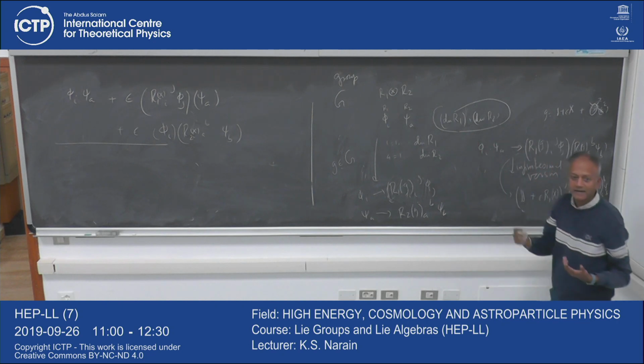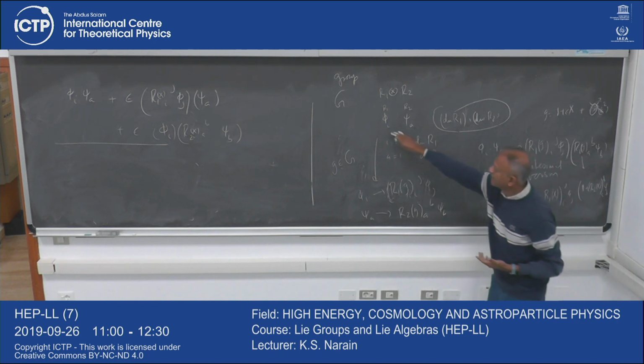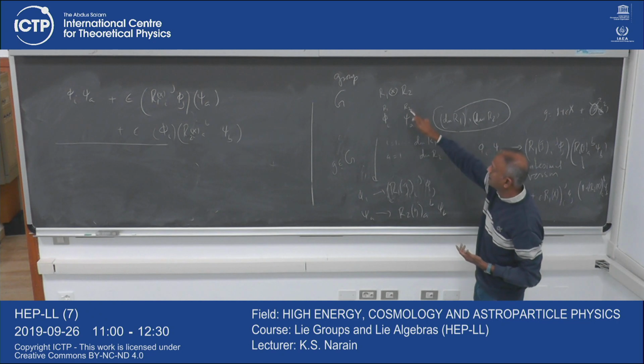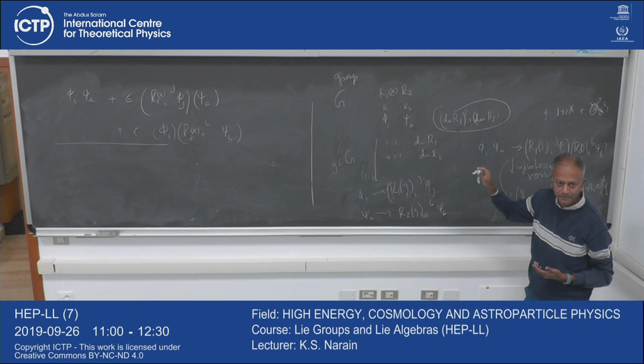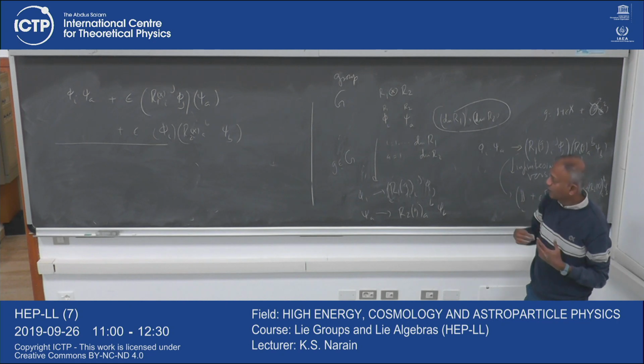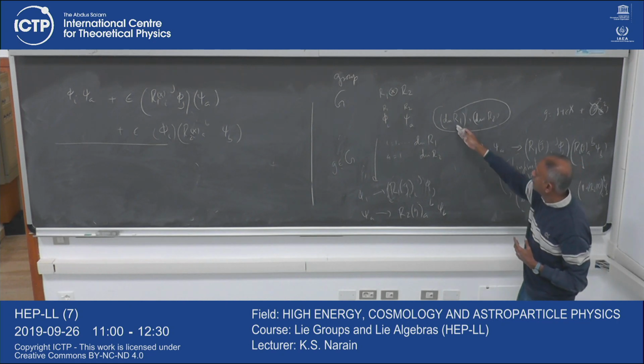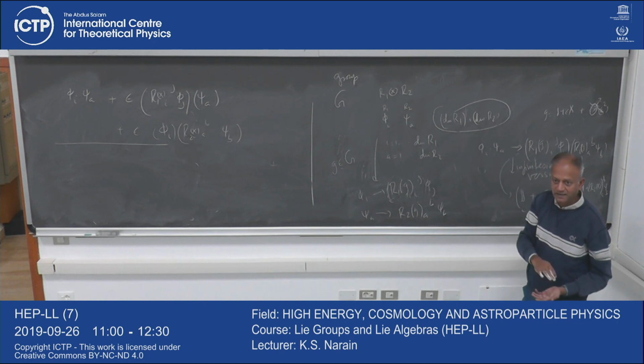The point is that this is not irreducible. Suppose I have chosen this to be irreducible and that to be irreducible, but the product may not be irreducible. So what is important for us is to decompose this in terms of irreducible representations.